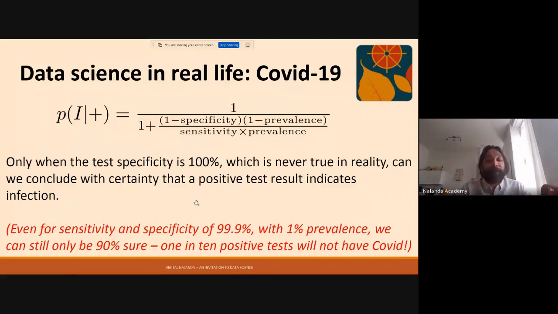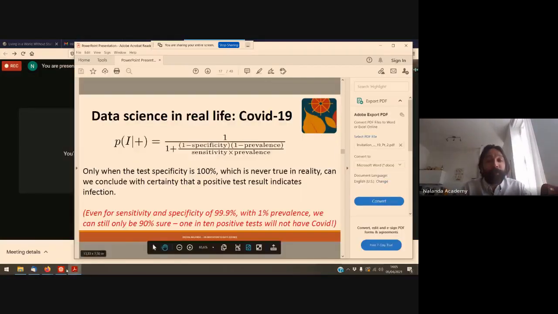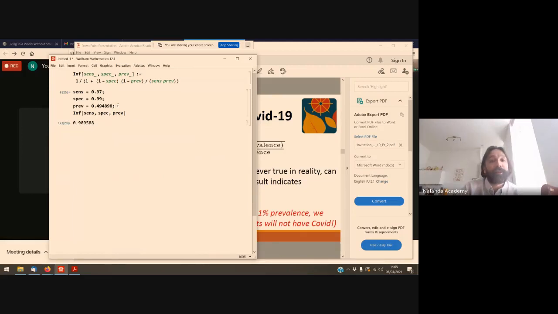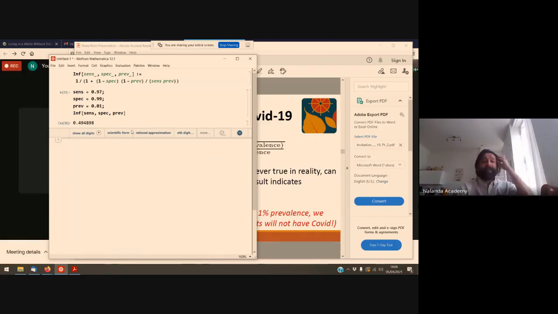The example we showed was with even 97% sensitivity, 99% specificity, only a 1% false positive rate. Let's say for a cancer diagnosis the prevalence is 1% of the population has this type of cancer. There's only a 50% chance that the diagnosis really does mean cancer.